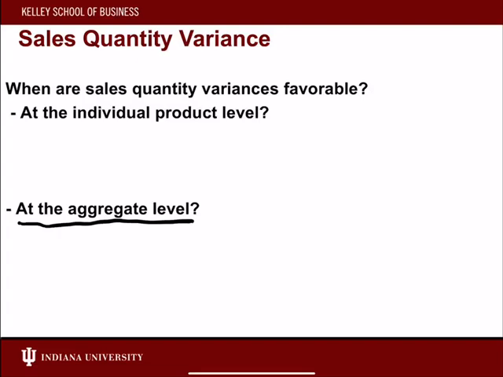So if your change in quantity, say your actual is 10 and your budgeted is 5, we know that overall we have 5 units favorable. So at an aggregate level, if these 5 units are comprised of our highest contribution margin products, well, we'll have a pretty high favorable variance. If these 5 units are comprised of almost entirely our very low level contribution margin products, well, then we'll have a very low favorable variance.